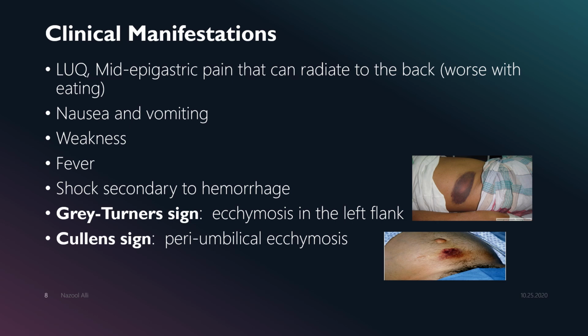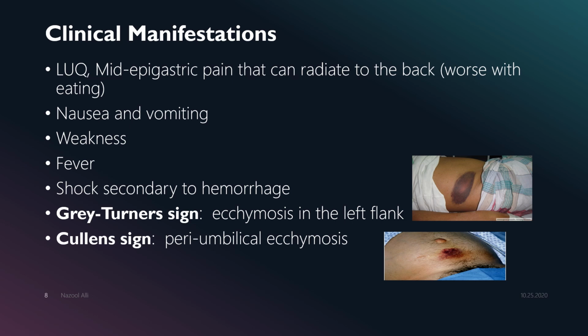Now, also because of bleeding from the pancreas, it can end up in the peritoneal cavity, and what you start to see is periumbilical ecchymosis, so bruising around the periumbilical area. The next slide, I found again courtesy of Googling these pictures.